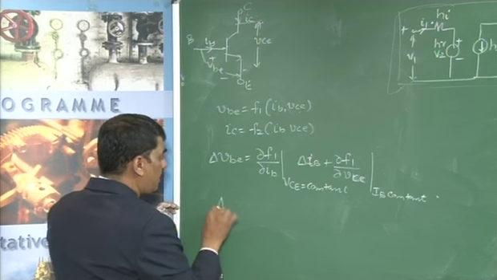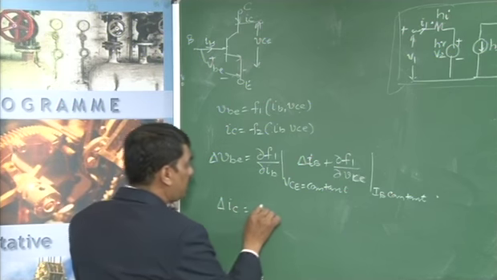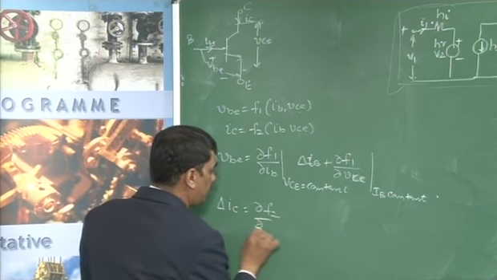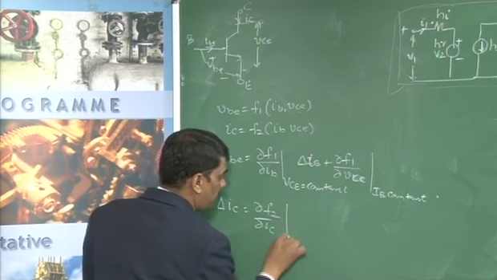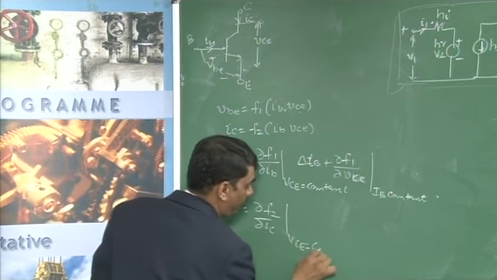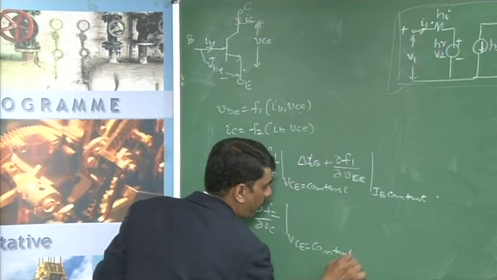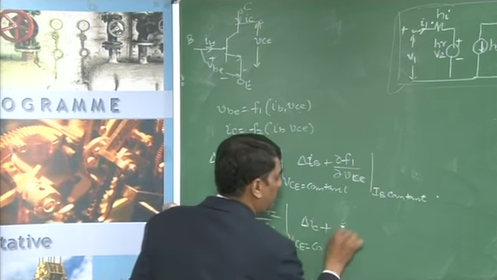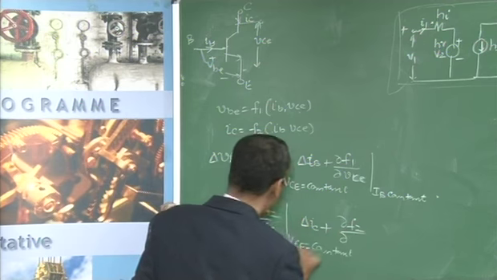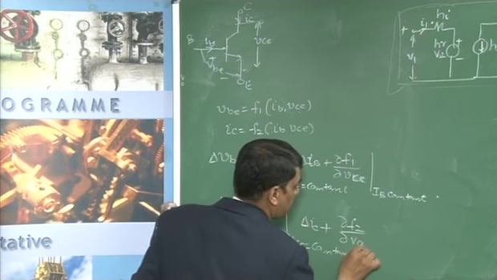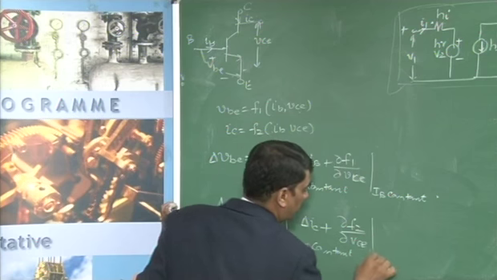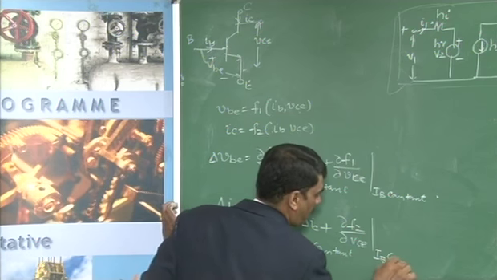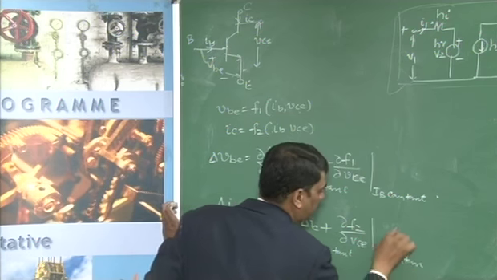Similarly, delta IC is given by delta F2 by delta IB with VCE constant, into delta IB, plus delta F2 divided by delta VCE with IB constant, into delta VCE.